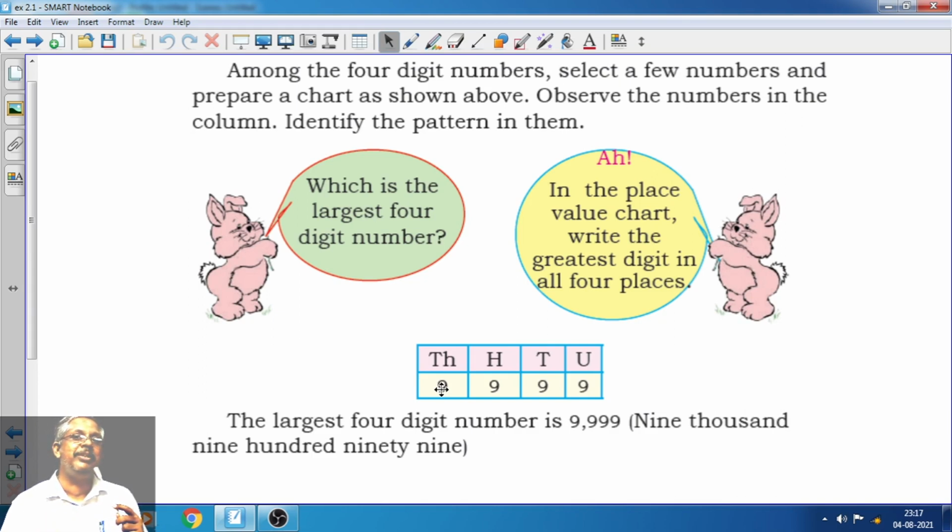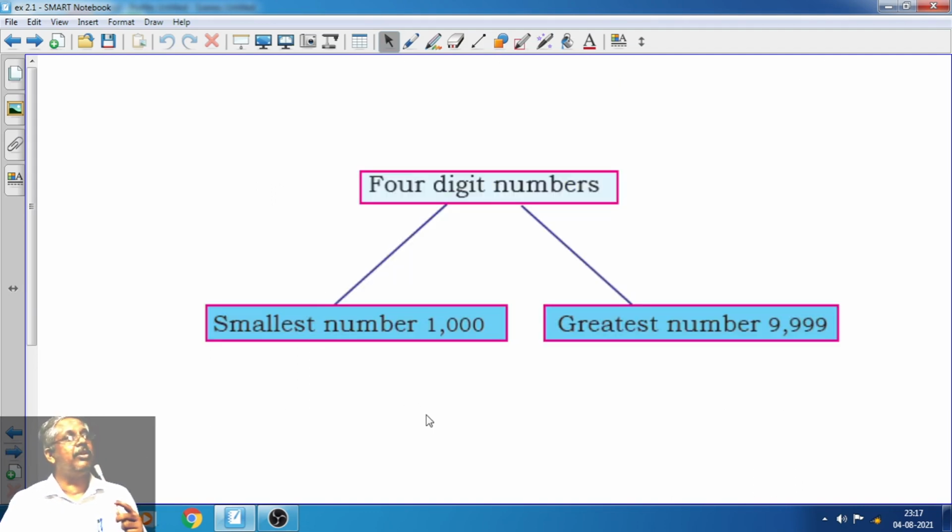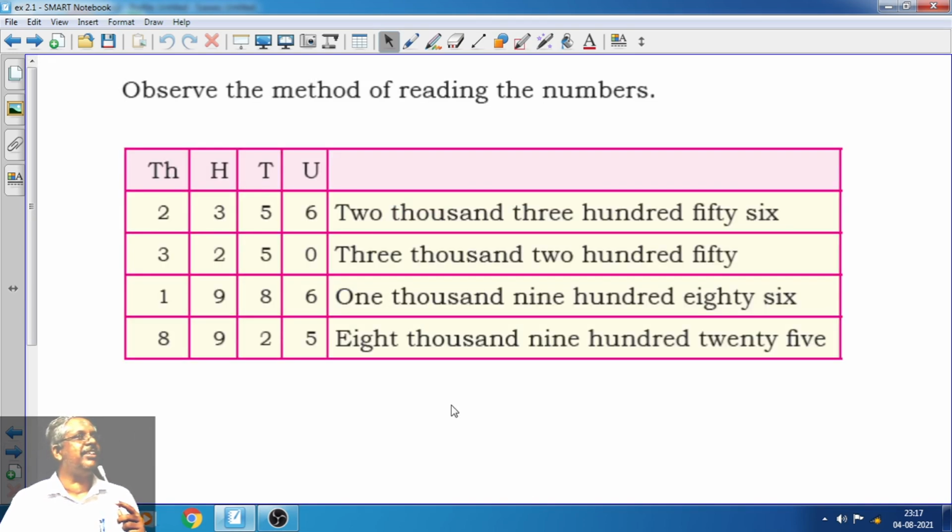So my smallest number starts from 1 with 3 zeros, which is 1000 only. Then 4-digit numbers have the smallest number, which is 1000, and the greatest number is 9999.